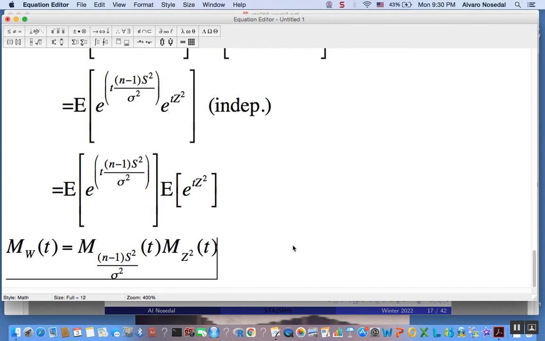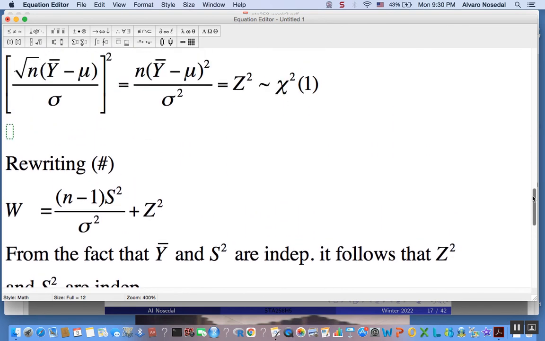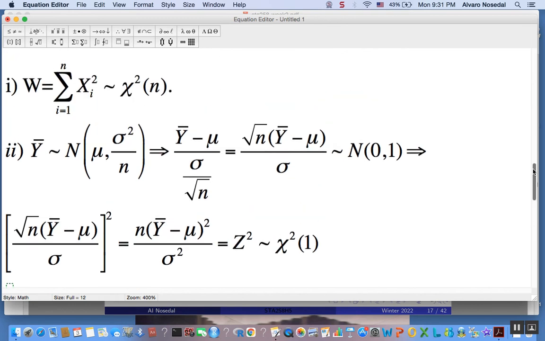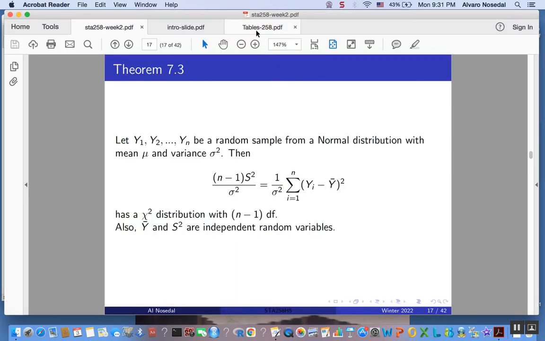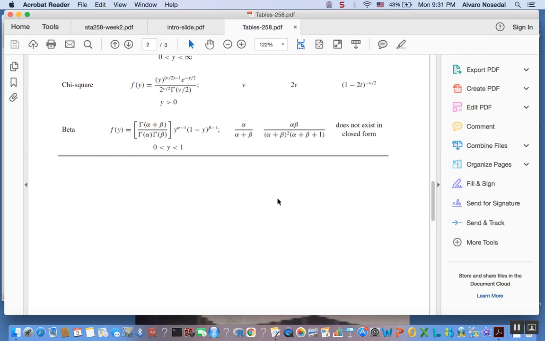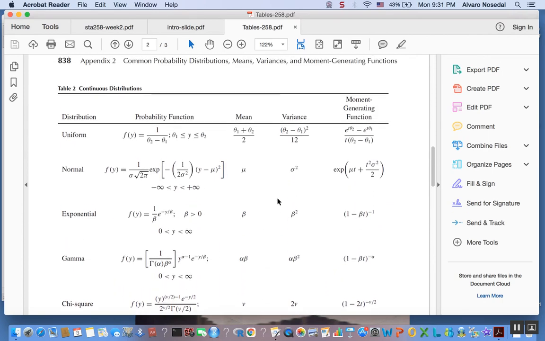Now remember that we said that W has a chi-square distribution with n degrees of freedom. That was one of our observations, right? So now let's take a look at our table in our textbook. We have used that table before. That's page 838.